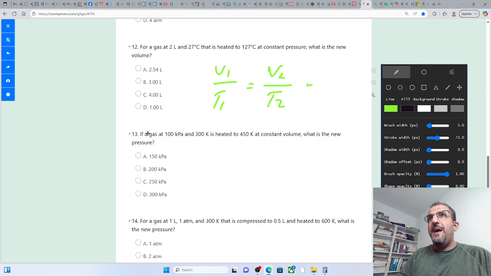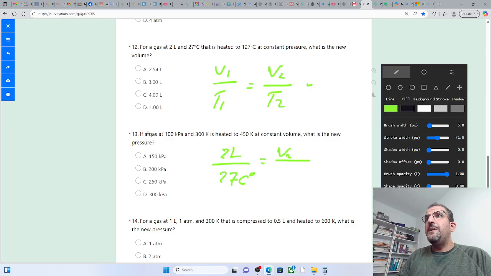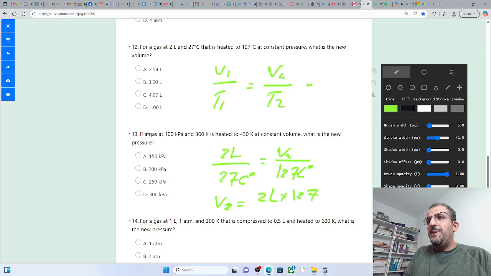So we have V1, 2 liters, over 27 Celsius, equal to the new volume V2 divided by the new temperature, 127 Celsius. So you will end up with V2 equal to 2 liters times 127 Celsius divided by 27 Celsius.